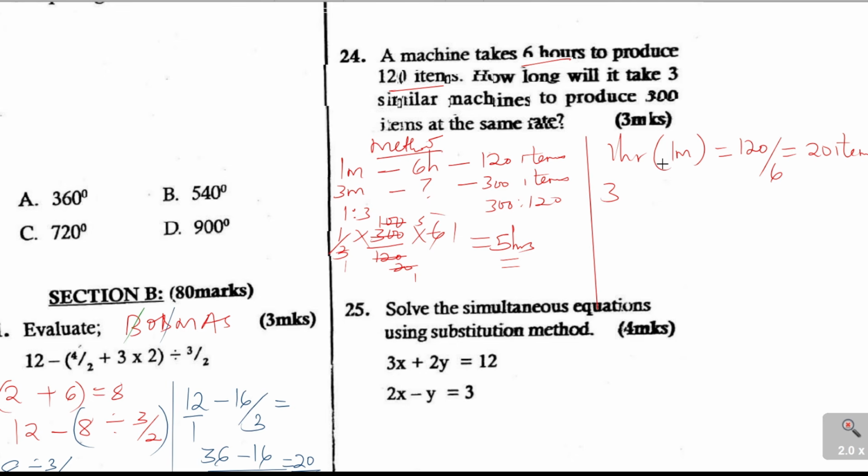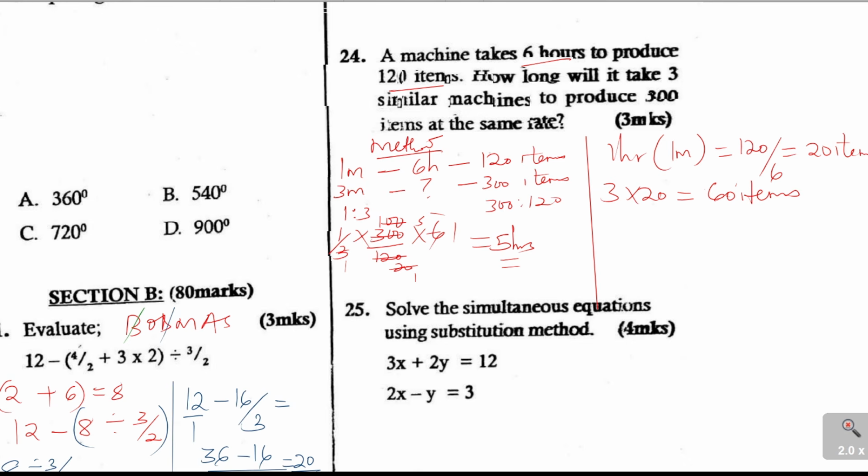If one machine working at the rate of 1 hour produces 20 items, what about 3 similar machines? We take 3 multiplied by 20. So this will be 60 items. So 3 machines are going to produce 60 items.